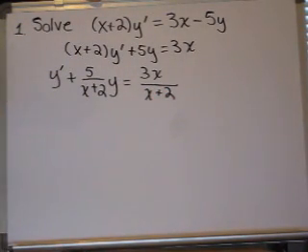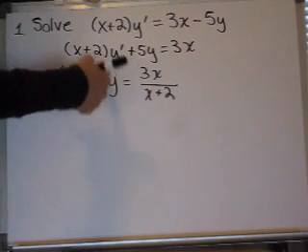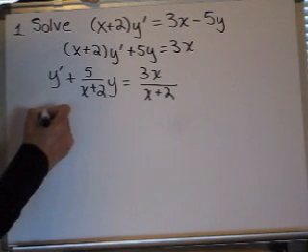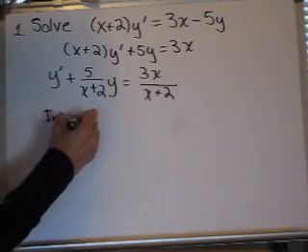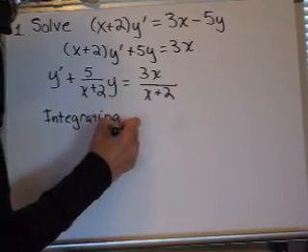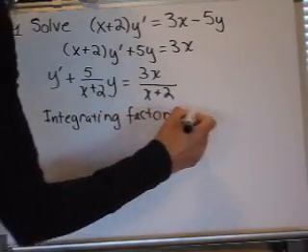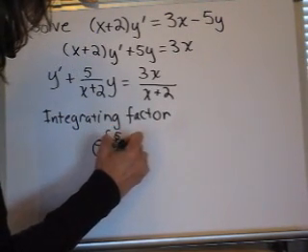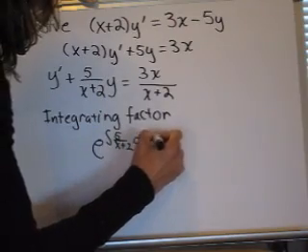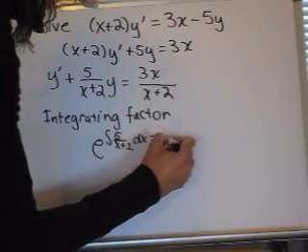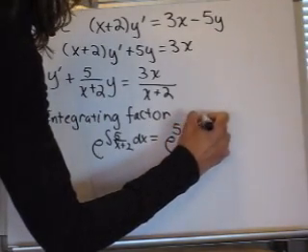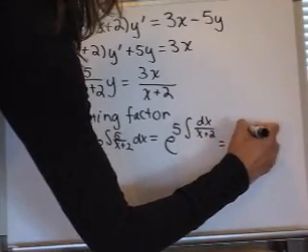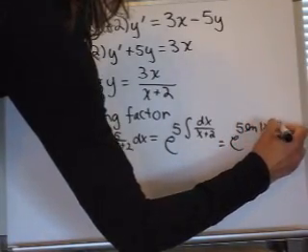The next step is to find the integrating factor, and that's going to be e to the integral of the function which is in front of y. So the integrating factor is e to the integral of 5 over x plus 2 dx, and if I pull the 5 out, I get e to the 5 times the integral of dx over x plus 2, which ends up being e to the 5 times ln of the absolute value of x plus 2.